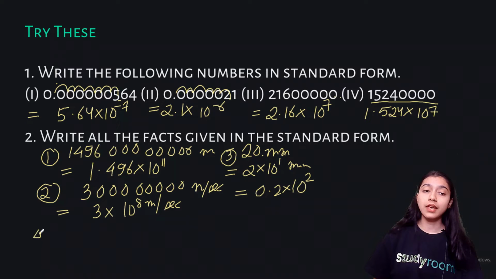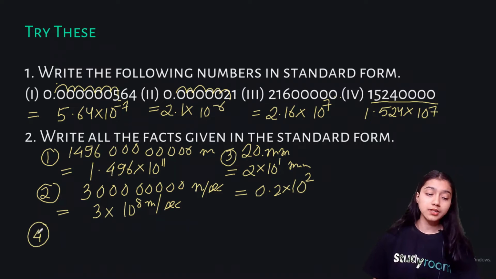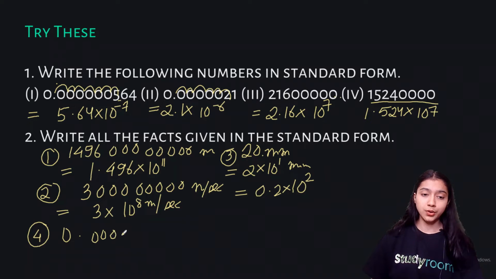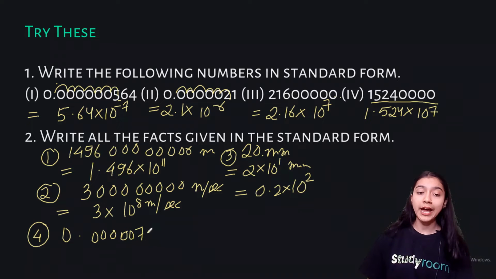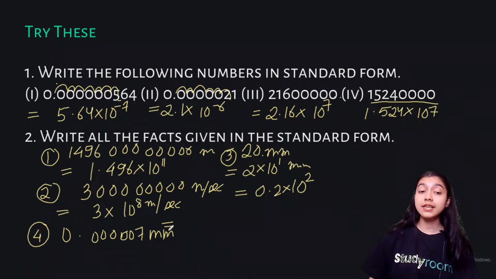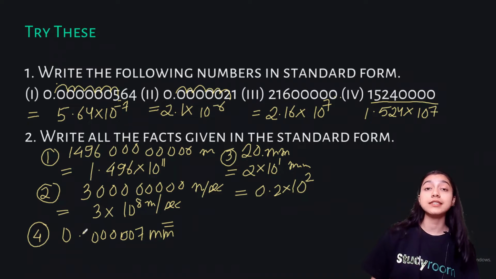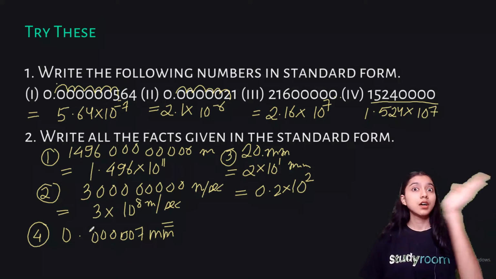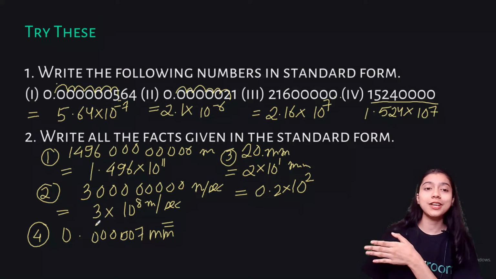Now the fourth fact that was given to us was 0.000007. This was the quantity that was mentioned in the fact and it was given in millimeter. We have to convert it in the standard form. So what we'll do in this case? In this case, we have to shift the decimal place towards the right hand side, not left hand side this time.